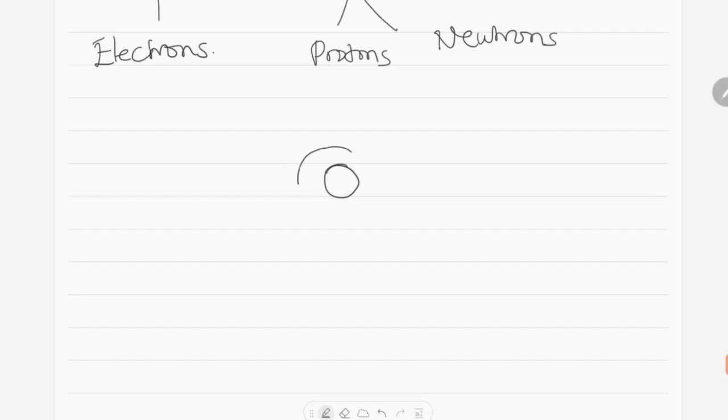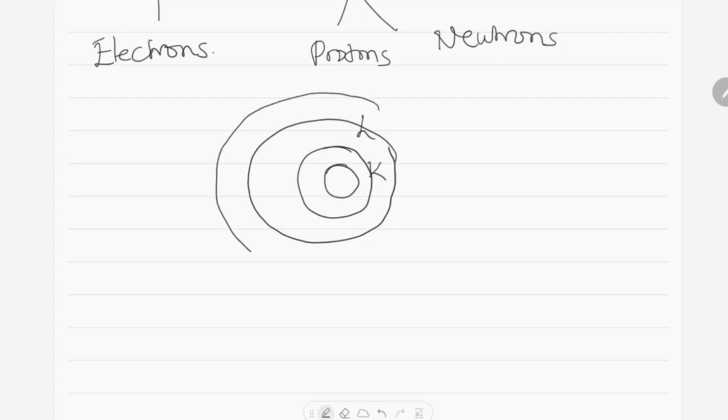The first shell that is closer to the nucleus is called the K shell. You use a capital letter to represent it. Then the second shell is the L shell. Then the one that follows is the M shell. Then the N shell, using letters from the alphabet.